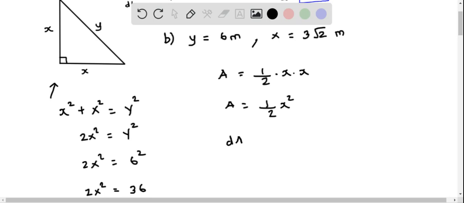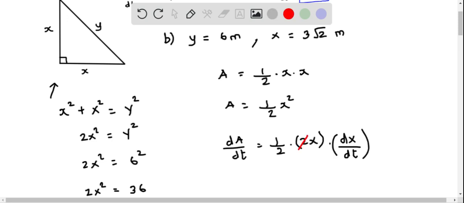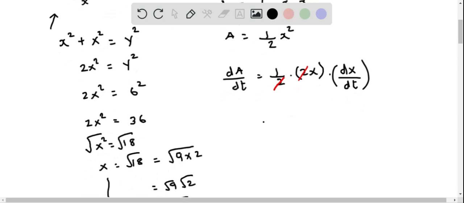So we get dA over dt, and this equals half times the derivative of x squared. First we apply the power rule, so it is 2x, and then applying the chain rule to differentiate x with respect to time, we get dx over dt. The 2 and this 2 get cancelled, so we have x times dx over dt.